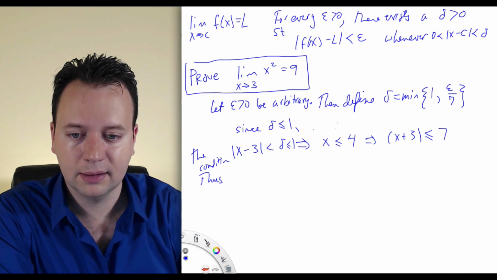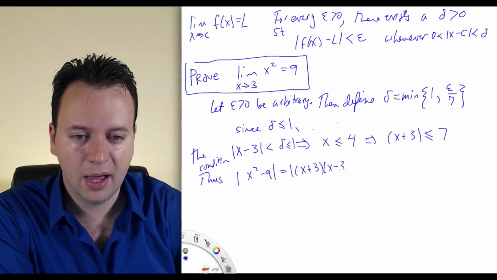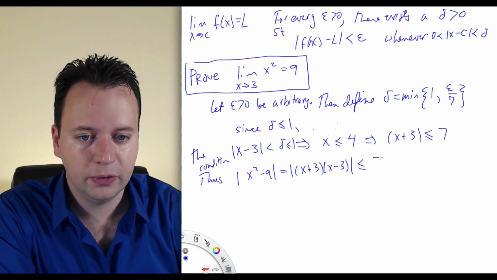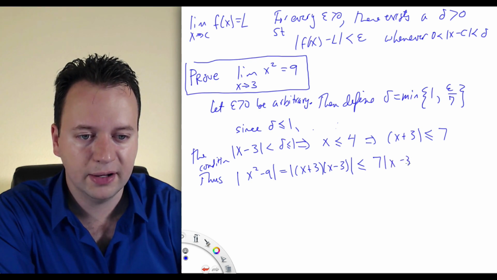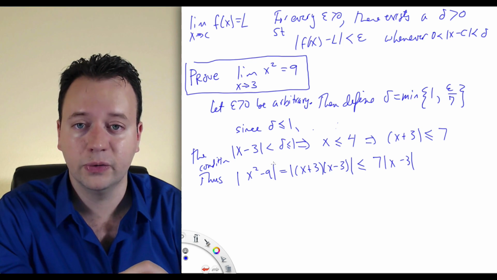So thus, the absolute value of x squared minus 9, which is equal to the absolute value of x plus 3 times x minus 3, is going to be less than or equal to 7 times the absolute value of x minus 3. So this is whenever x minus 3 is less than delta.